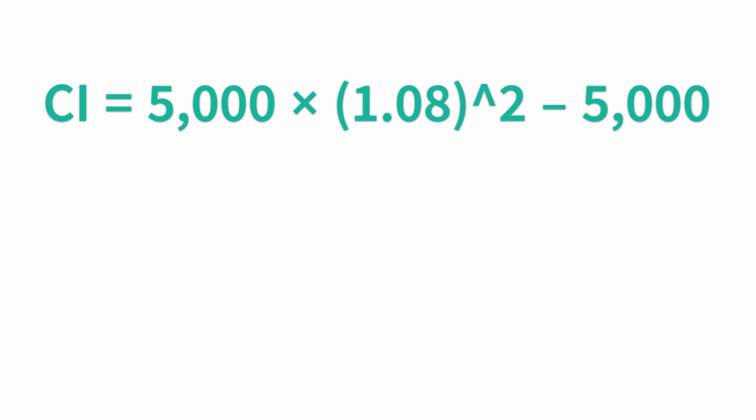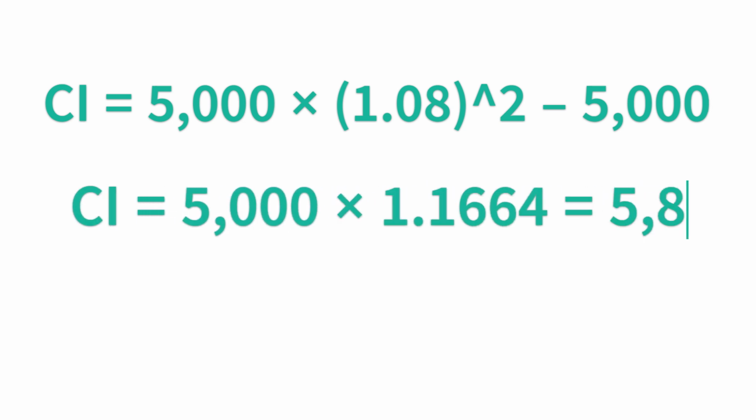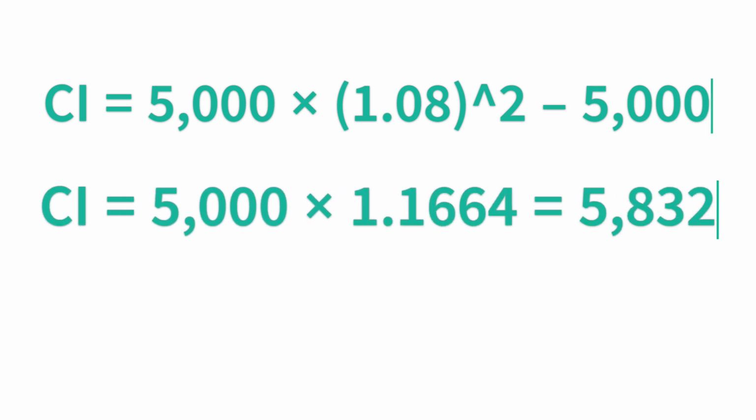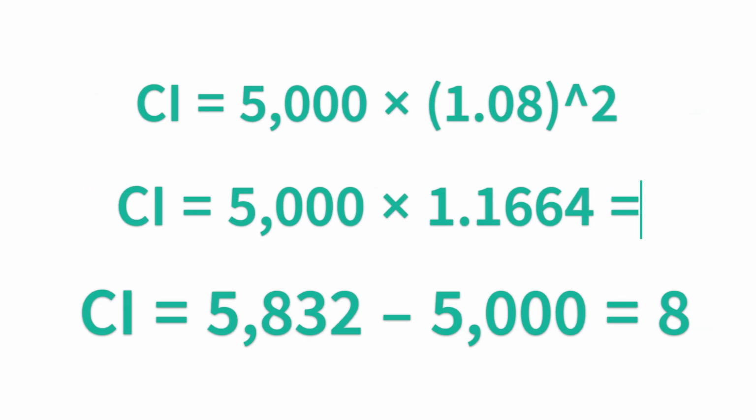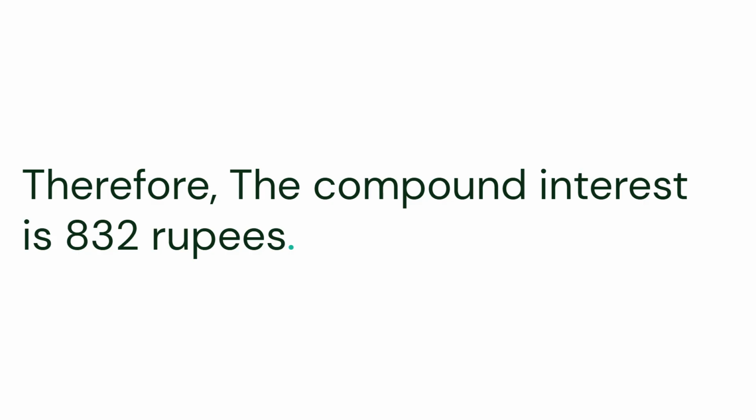Therefore, it is 1.1664. So 5,000 times 1.1664 equals 5,832. 5,832 minus 5,000 equals 832. Therefore, the compound interest is 832 rupees.